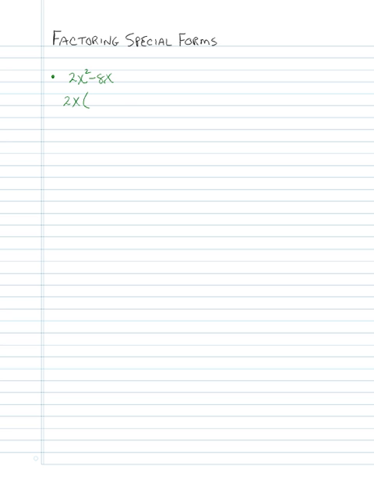So we factor the common factor 2x out, and then create parentheses to put the rest of the expression in. 2x times x gives 2x squared, and 2x times negative 4 gives the negative 8x. And so we have it factored.